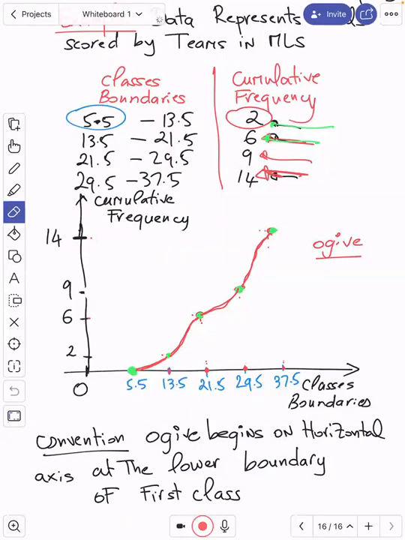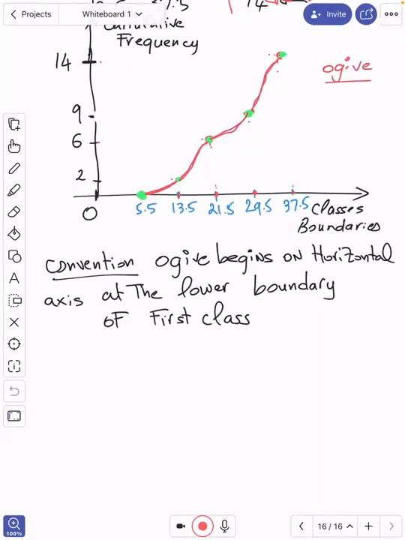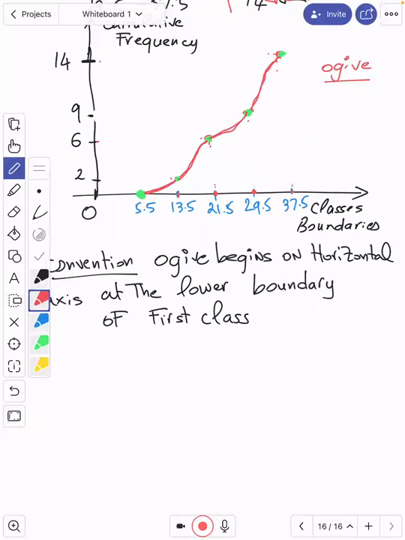Any questions, guys? Well, here's an exercise. Let's graph the ogive of the example of the observed car speeds on the highway.